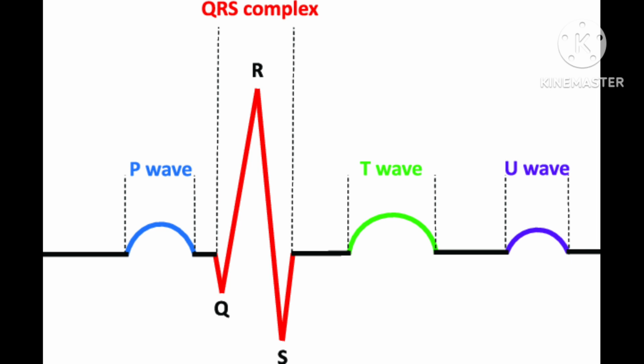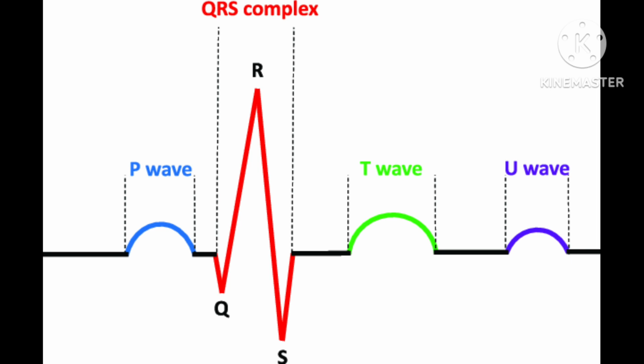And here the main role is of electrodes and amplifier. The first important part is the electrodes, and the second important part is the amplifier, which is present in the electrocardiography machine.